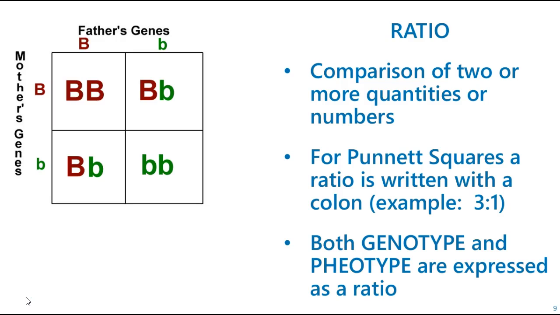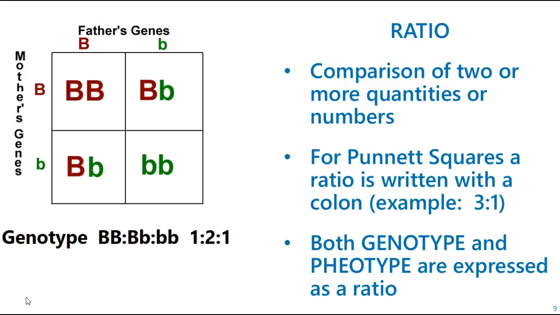Let's take that Punnett square that we had earlier and look at ratios. For the genotypes, we had three different genotypes: the homozygous dominant, the heterozygous, and the homozygous recessive. They are occurring in a 1-to-2-to-1 ratio.